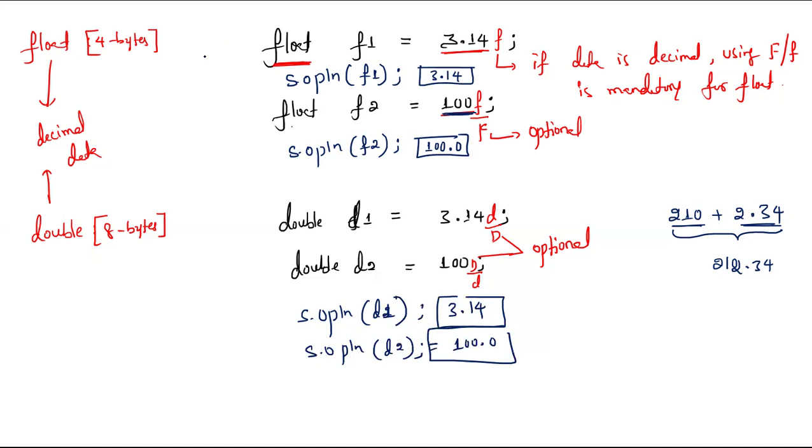Understood? Then, when should we go for float and when should we go for double? What's the range of each? For that, I cannot show Eclipse-based output like I showed for byte, short, int, long, but I can give you the information.